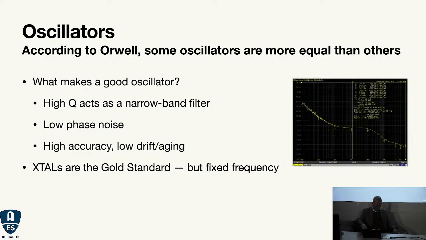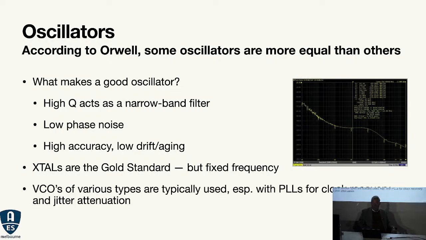And this curve is, in fact, for a crystal oscillator similar to one that I use, and you'll see more data on it later. But they have the problem that they're fixed. That's just fine if you're the clock generator, but if you're trying to sync to something external, they don't work quite as well for that. So VCOs come in.